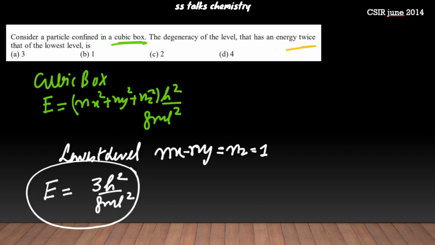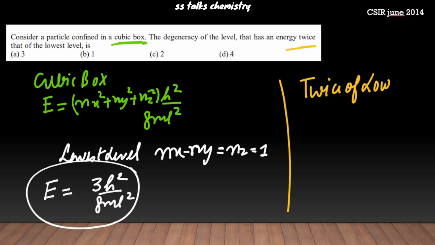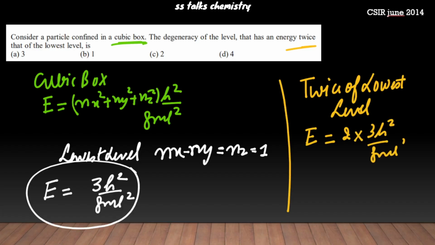Now twice this lowest energy, we have to find the degeneracy of that particular level. Twice the lowest level energy is 2 times 3h square upon 8 m l square, which means the energy is 6h square upon 8 m l square, right?